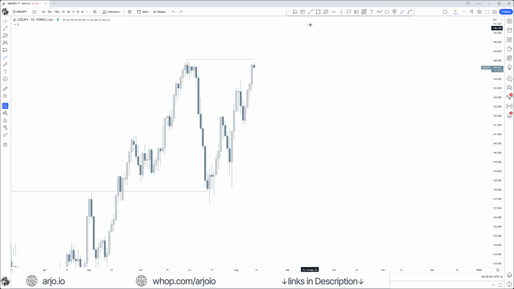For example, we have this daily discount array to that daily premium array. From that area to that area, that is where you want to get involved. It's all fractal. You can make it as crazy as you want. If you want to use 1 minute PD arrays with a 1 second entry pattern, then you can do that. But is it optimal? No, I would go up in time frames.